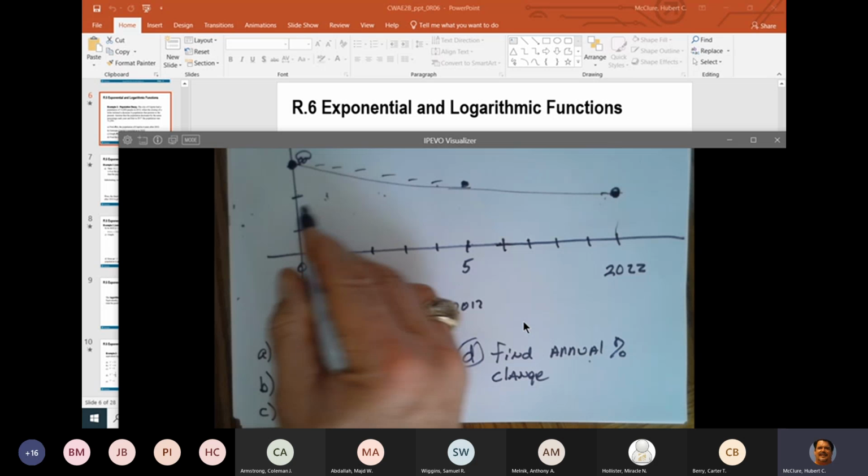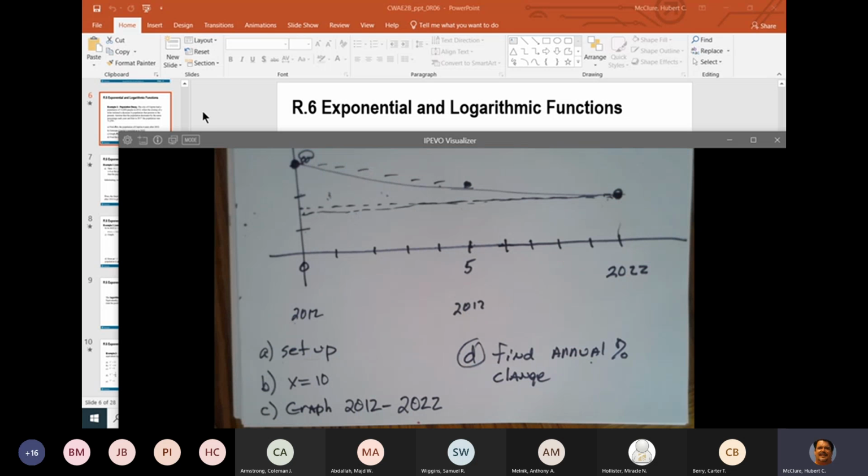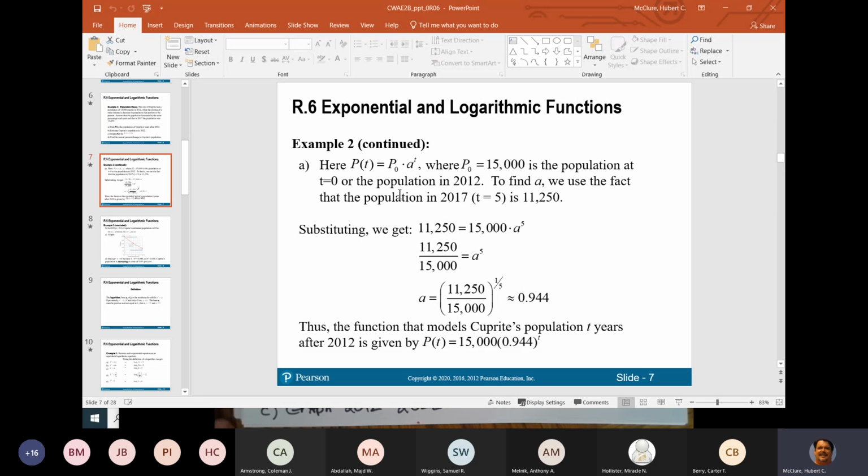So what's the first thing we do? Well, the first thing we do is apply this right here. P of t is equal to P of 0, population at the beginning, and A to the t. This is your exponential for population. Now, they would give you this in a question, or it's in the book, either one. So you need to write it down.